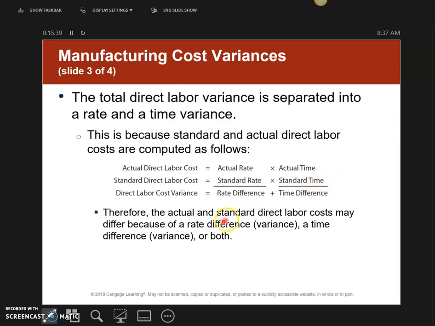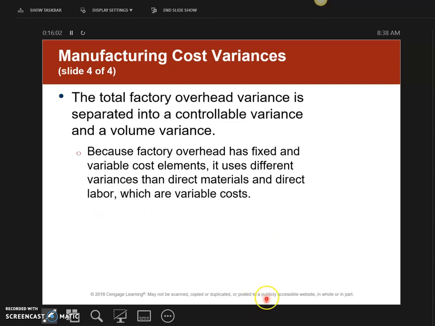So the direct labor cost variance will be the rate difference plus the time difference. So I'm going to have two separate ones that, notice, I'm adding together. But here I'm subtracting, but when I get the final answers, I'll add them together. Now finally we have manufacturing factory overhead cost.